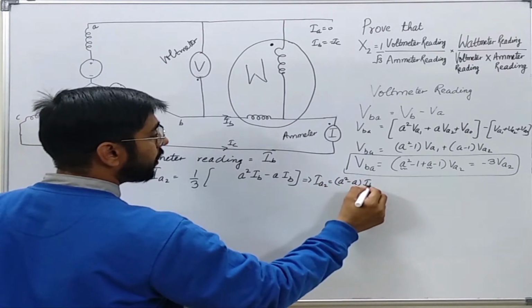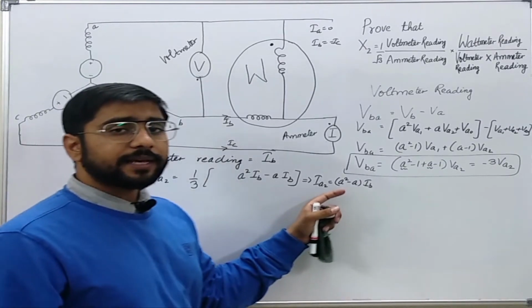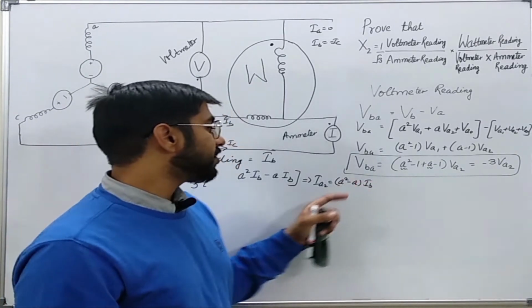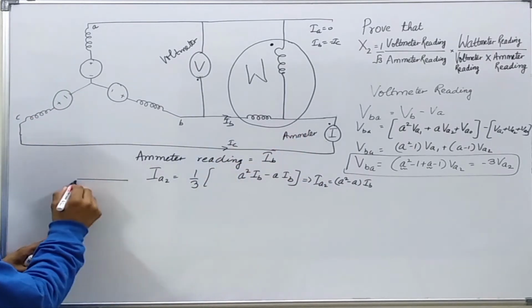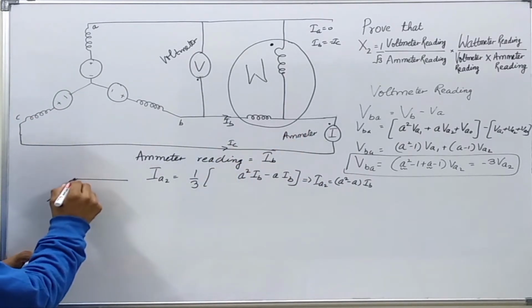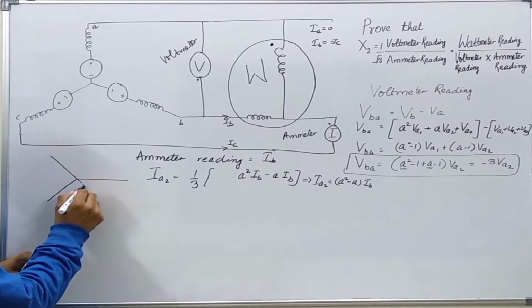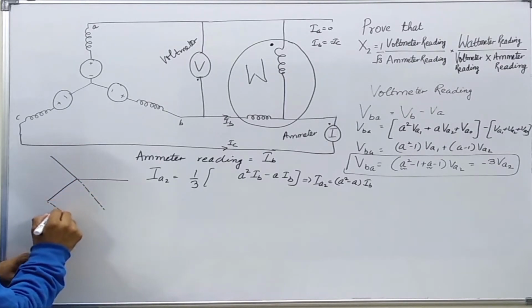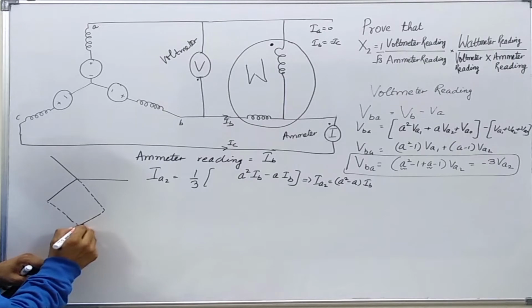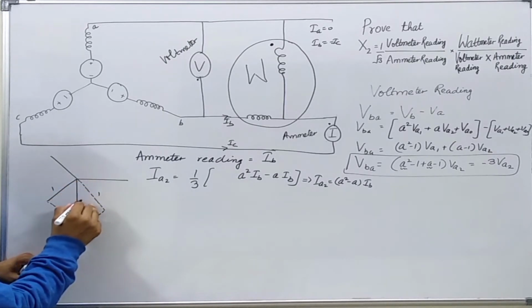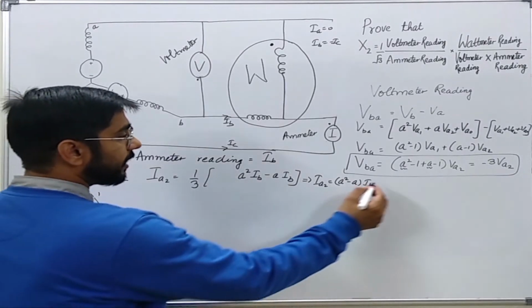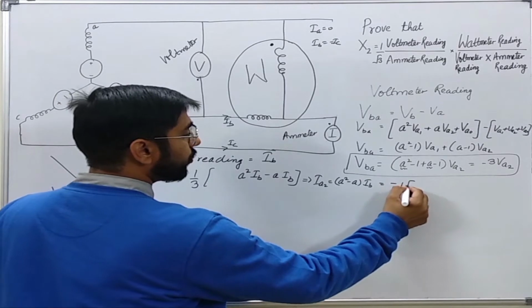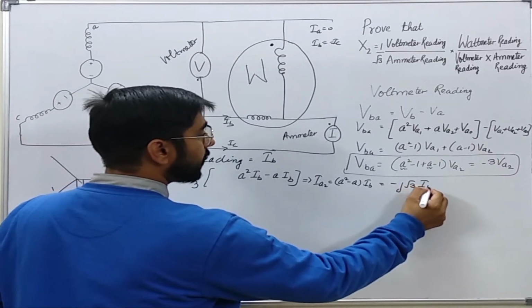Now we know that a square minus a can be written as minus j root 3. How? We can clearly see that if it is 1, then a square comes here and a comes here, so minus a will come here. So their resultant will come like this. If it is 1, then it is root 3 and the angle is minus 90 degrees. So this thing is minus j root 3 IB.